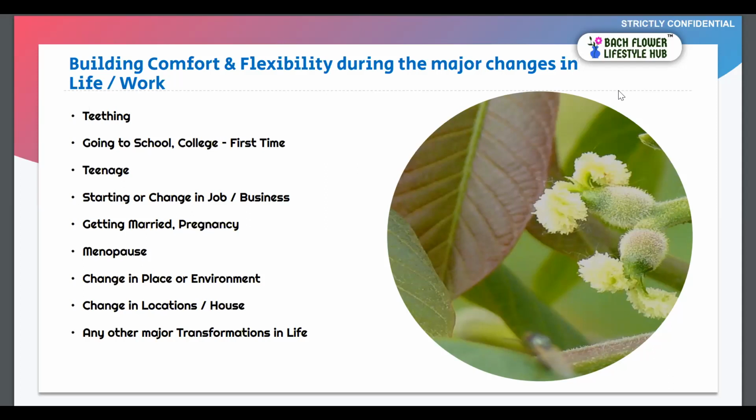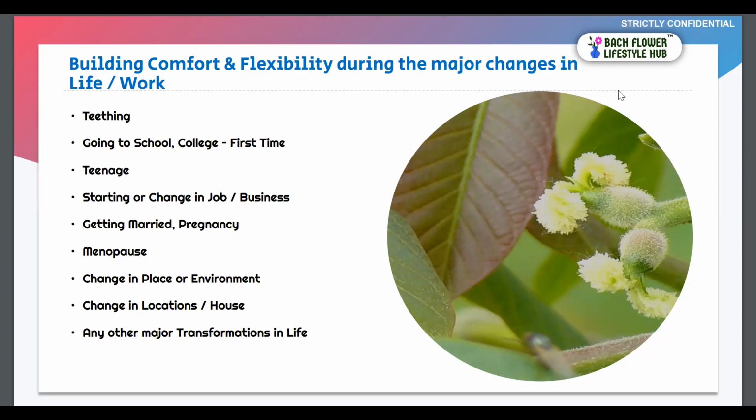During change, especially uncertain change, we get uncomfortable because we cannot predict with 100% probability what is going to happen. That's why uncertainty comes, and resistance comes along with it. These uncertain situations we can make smoother, more reliable, and more positive and optimistic, so that we get the desired results with higher probability.